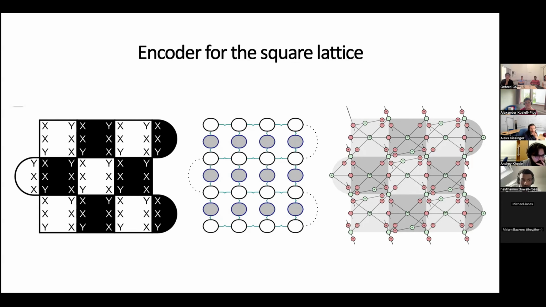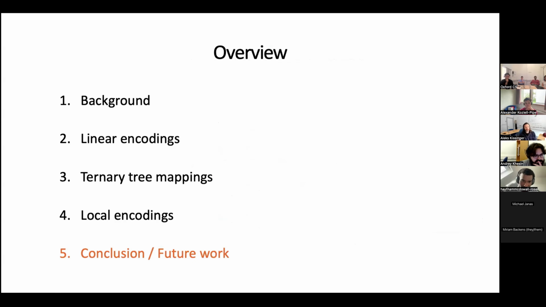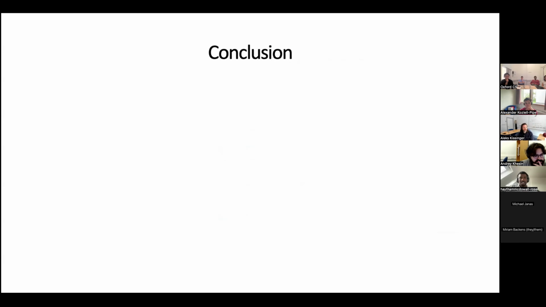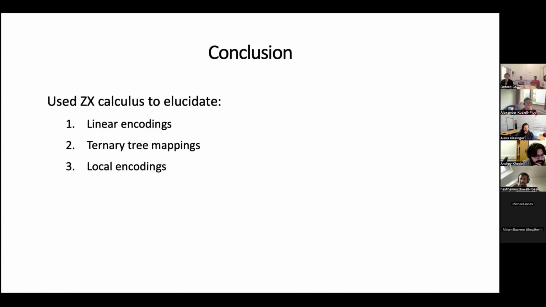So yeah, I shall wrap up in a moment. In conclusion, this is the last part. We've used the ZX calculus to do a lot of things. We've studied linear encodings, ternary tree encodings, and local encodings in this common language.